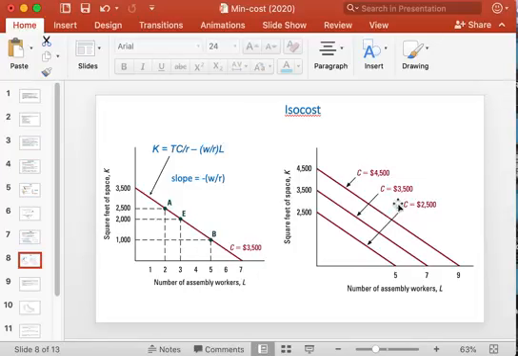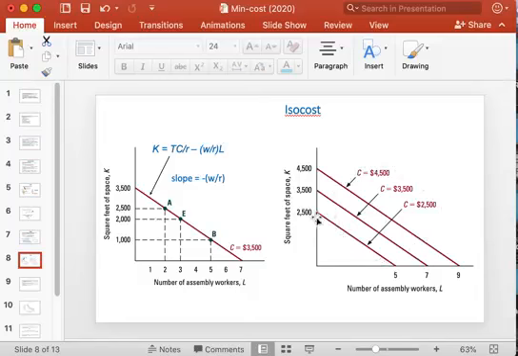You can see the $3,500 isocost line here in the middle, and another isocost line giving a total cost of $2,500, which is below this $3,500 line, and the $4,500 total cost line is above it.